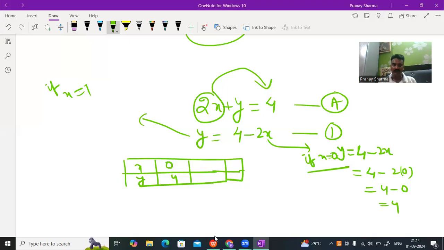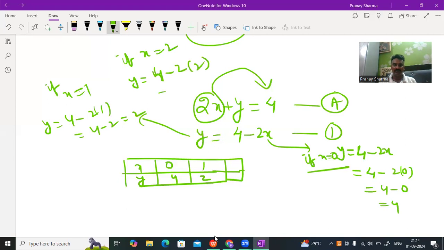Here you are substituting x as 1. So y equals 4 minus 2 times 1, that is 4 minus 2, which is 2. What if you put x as 2? So y will be 4 minus 2 times 2, which means 4 minus 4. That is nothing but 0. So y will become 0 if x is 2.